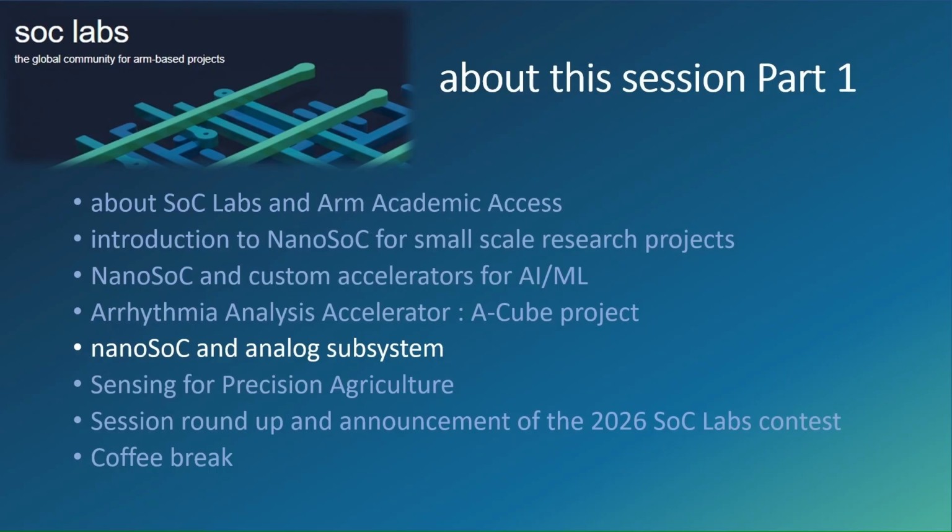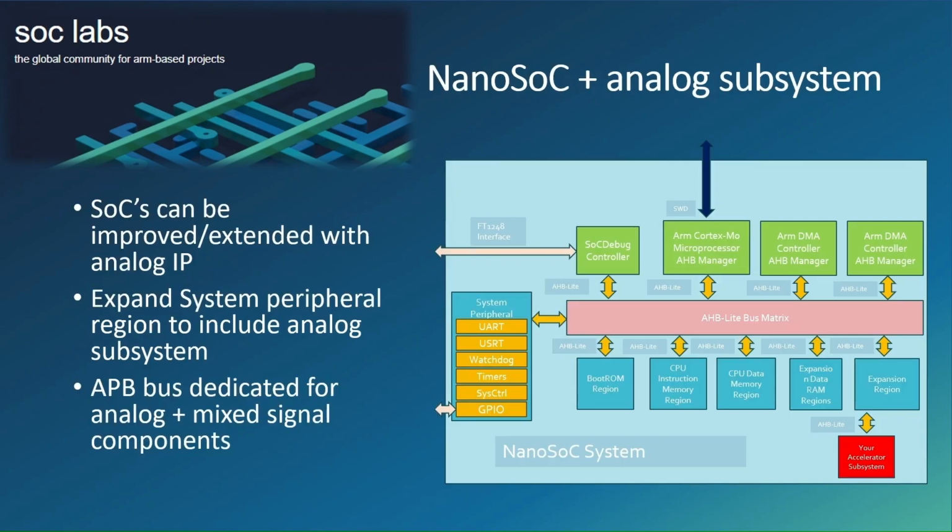So I'm going to quickly take us through now the NanoSoC analog subsystem and analog and mixed signal integration. You can only get so far with digital alone, so our SoCs can be improved or extended with analog and mixed signal IP.